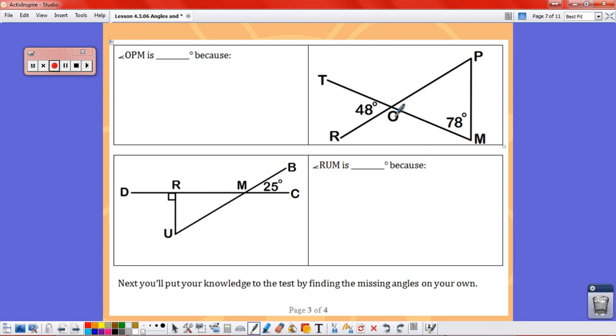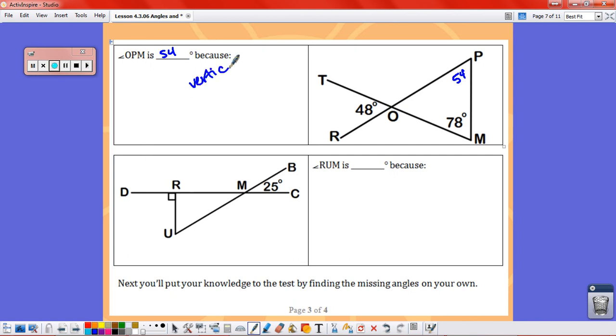Okay, angle OPM is 54. If you can't tell, the pause is me doing this in my head. It's 54 degrees. The first thing that we know is we have a vertical angle.